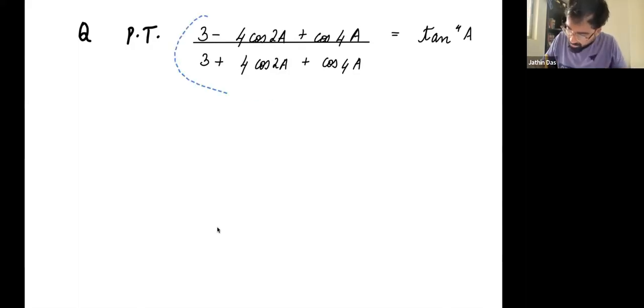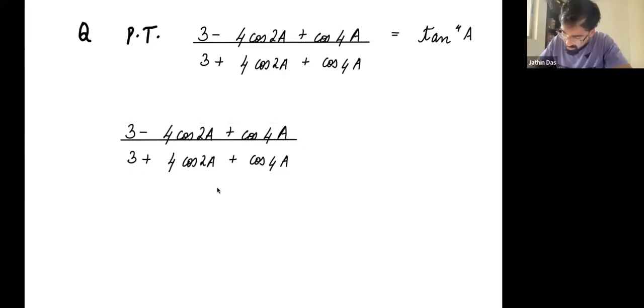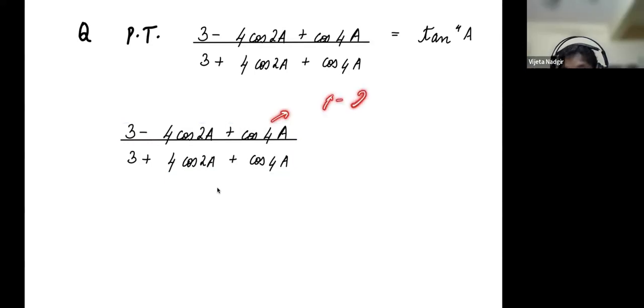What did you do? I did cos 4a as 1 minus 2 sin square 2a. Cos 4a is 1 minus 2 sin square.